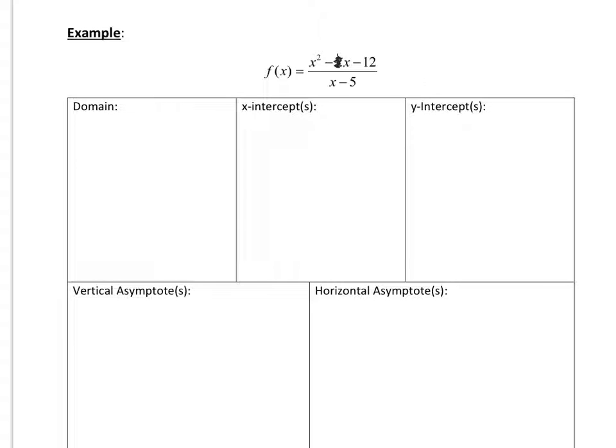Okay, so again, to find the domain is all real numbers except the undefined values. All right, now an x-intercept, we solve that by setting y equal to 0. A y-intercept, we find by setting x equal to 0. Vertical asymptotes are the undefined values.